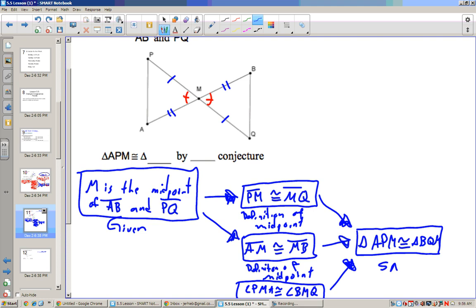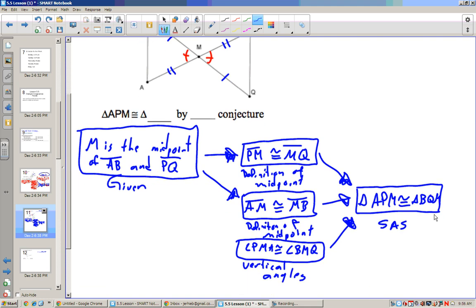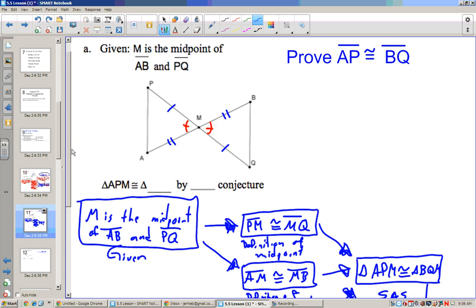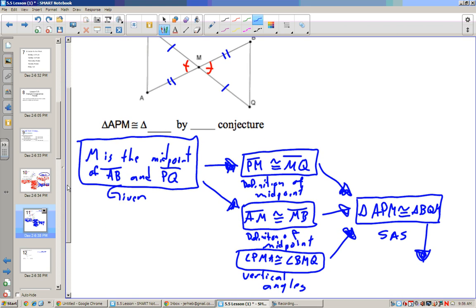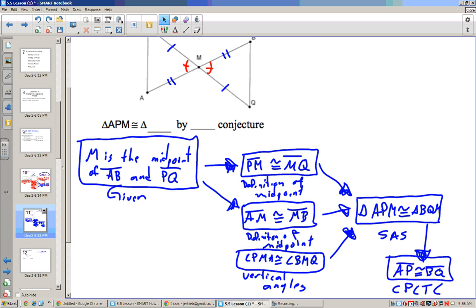So that's what we'll write underneath. Side angle side. And now from here, we can say, hopefully what we wanted to, is AP congruent to BQ. AP is the first two, BQ is the first two. So AP is congruent to BQ. And that's because of corresponding parts of congruent triangles are congruent. So this is our flowchart proof.